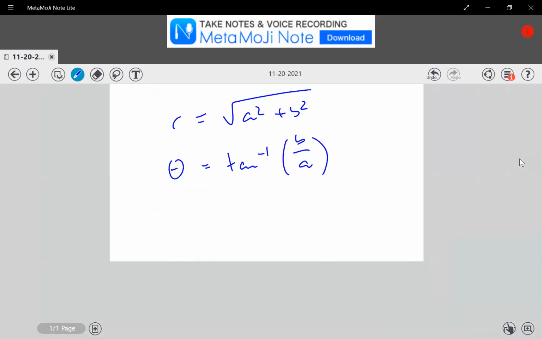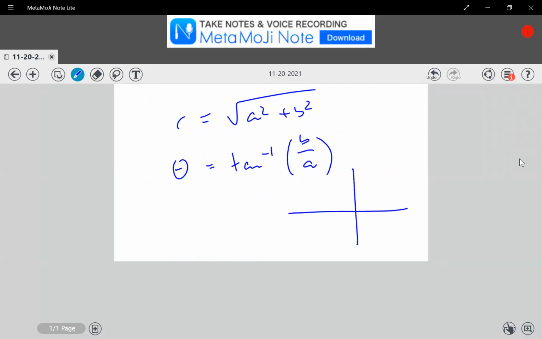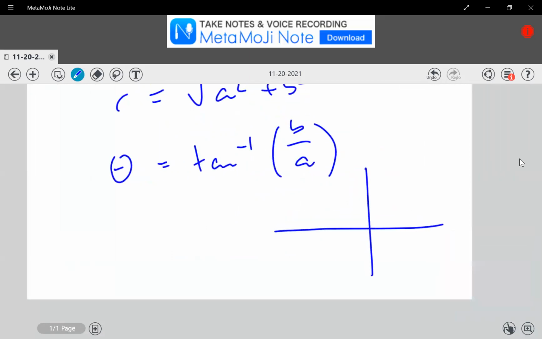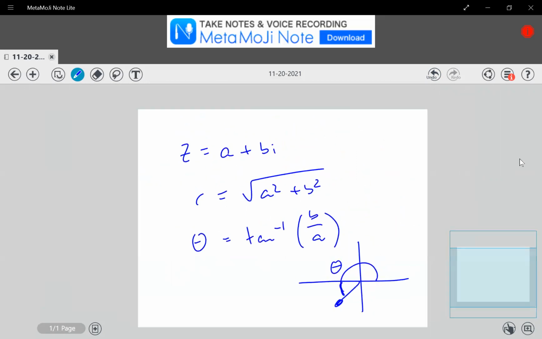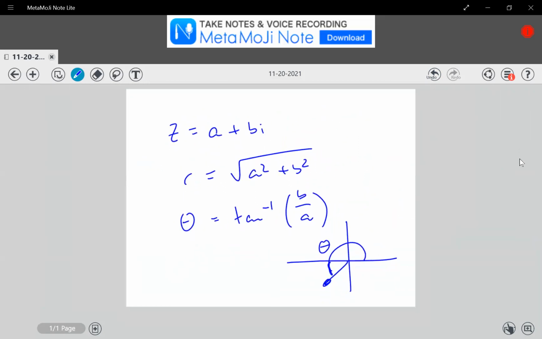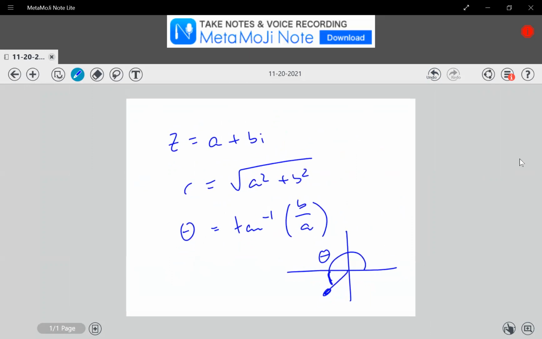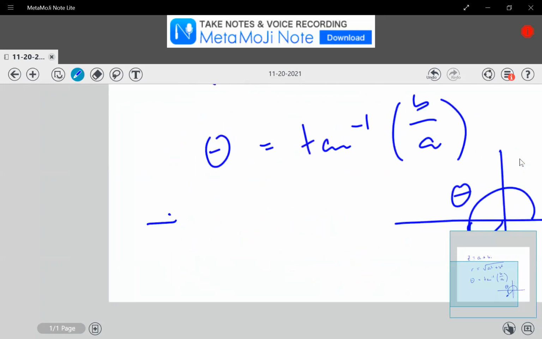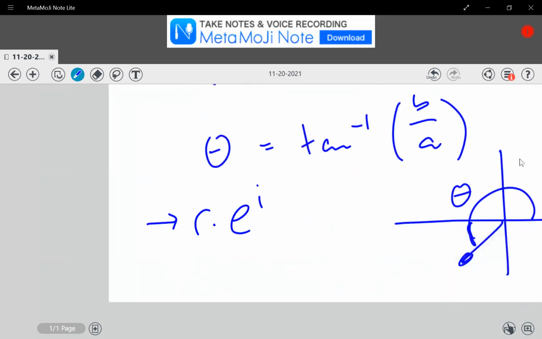You might get multiple values. So it's always important that you check what quadrant b and a are in. If they're in the first quadrant, it will be one thing, but if they're in the third quadrant, it will be something completely different. So check the quadrant it's in and adjust for what value of theta you're going for. And as always, you can plug this into your r times e to the i theta equation right here.